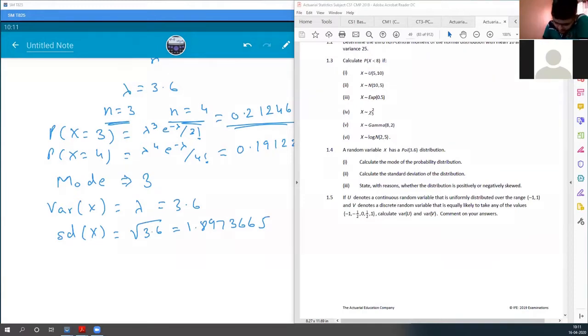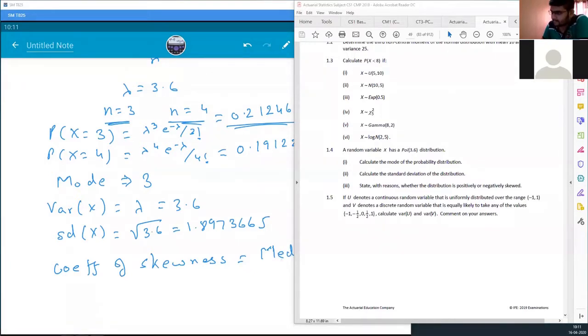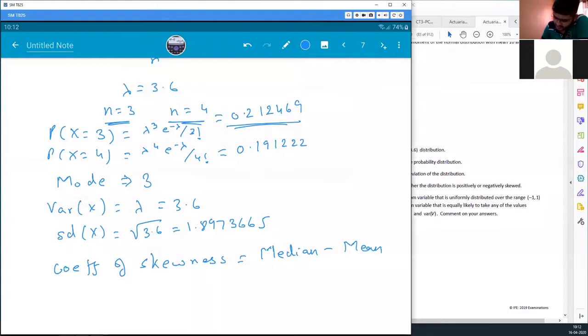One of the formulas for coefficient of skewness is mean minus median divided by standard deviation.